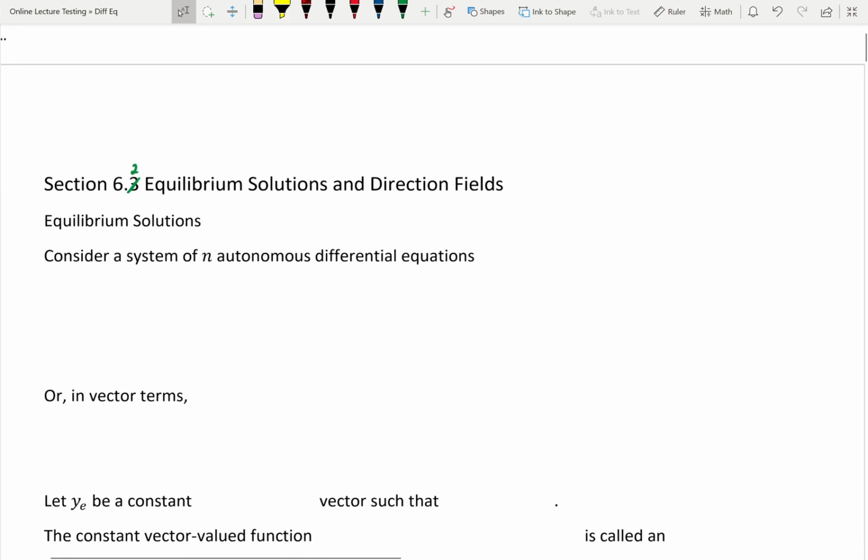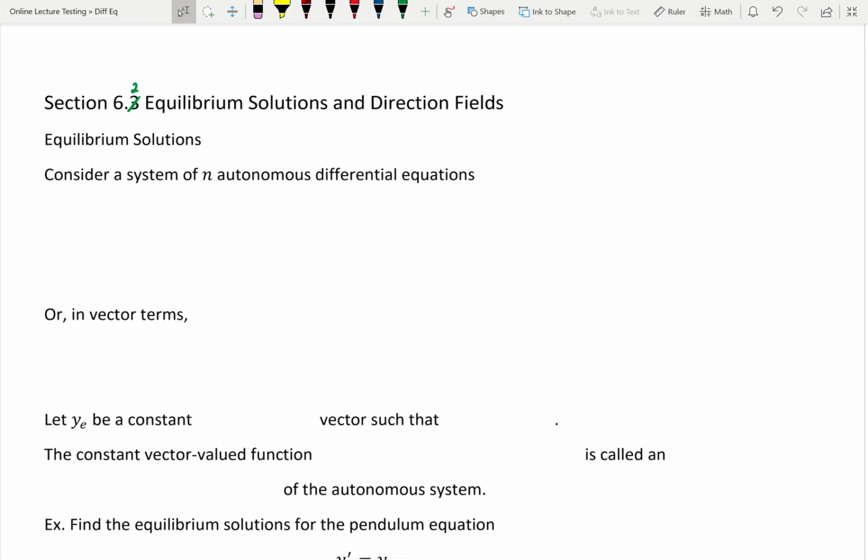All right, so one important thing here is we have talked about the phase plane, and that's actually what this whole section is. It gets more in-depth detail about what a phase plane is, and direction fields and how they're related to that. And then the next section, 6.4, is going to be talking about the behavior of our solutions, because we want to know the behavior of our models, how they're reacting.